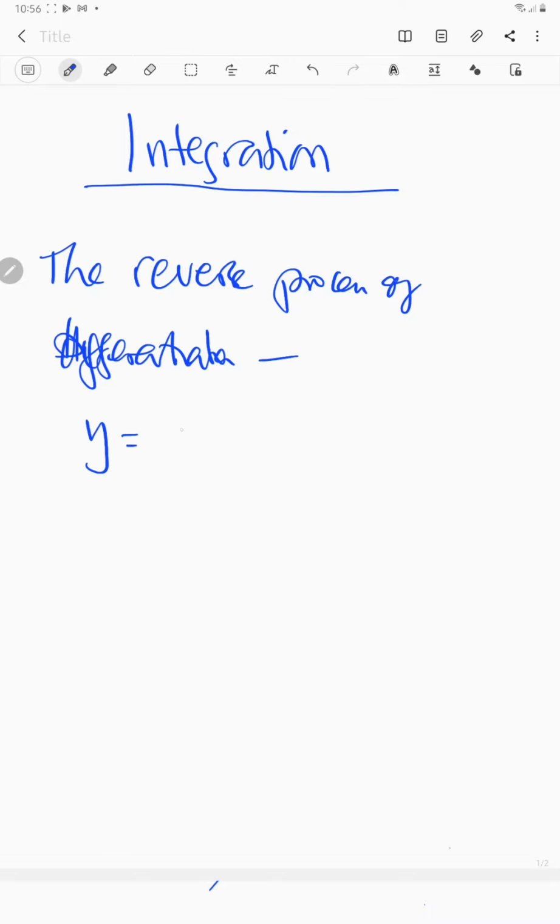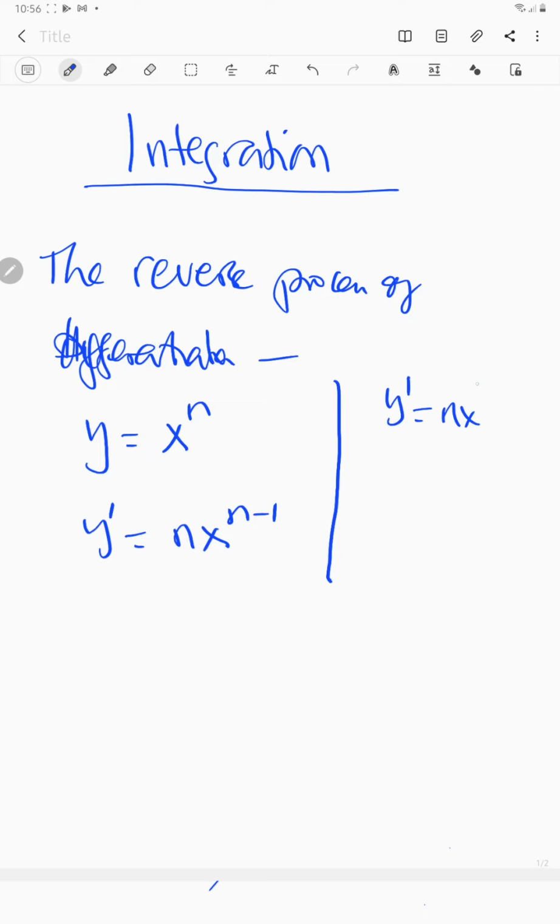Like we are saying y is equal to x to the power n. So we are saying y prime is equal to n x to the power n minus 1. As a reverse process, the integral, you have got this one, n x to the power n minus 1. So here you add 1.